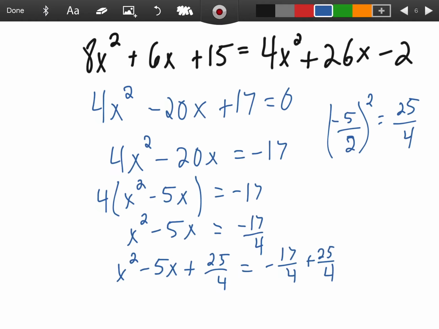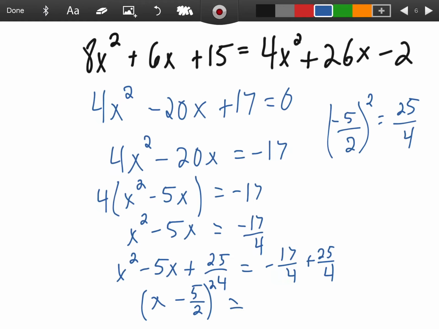All right, so now on the left, I just completed the square, so I can just write this as x plus a squared. Remember that a is just my b divided by 2, so x minus 5 halves, x minus 5 halves squared. If you FOILed that out, you would get this right here.